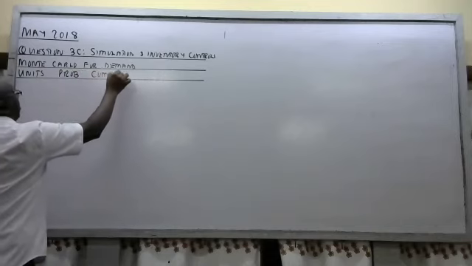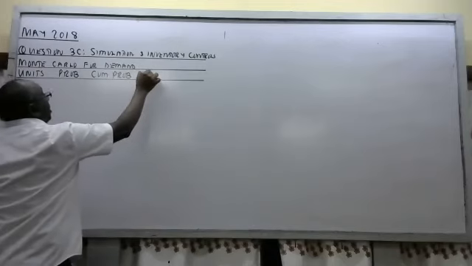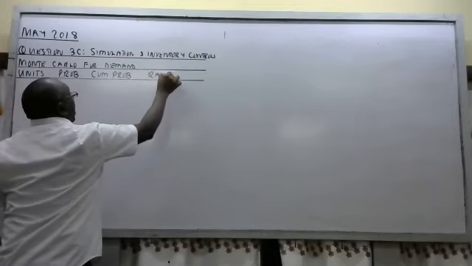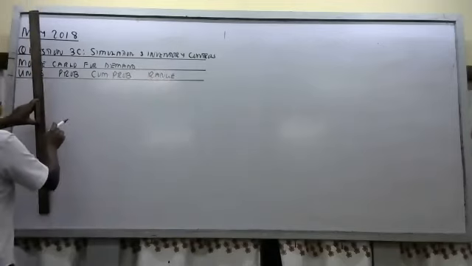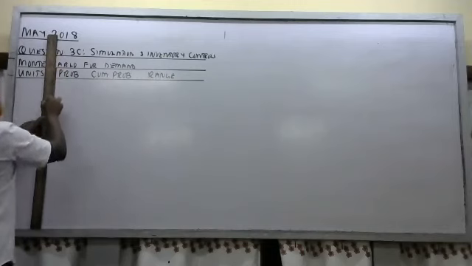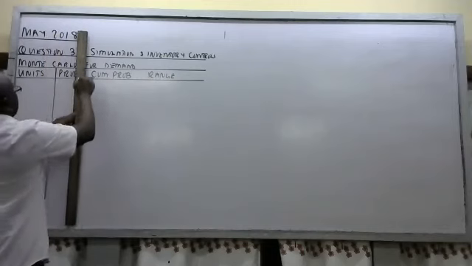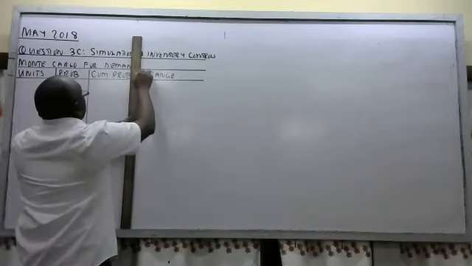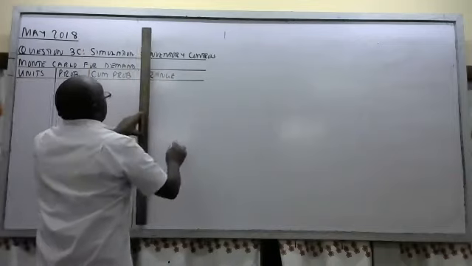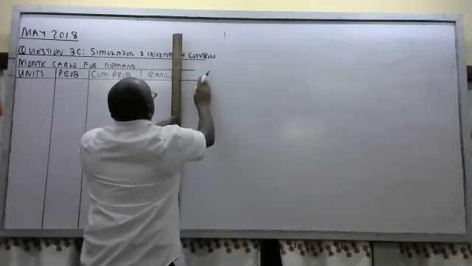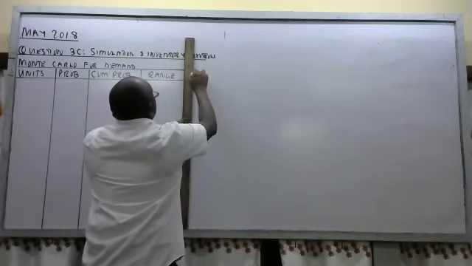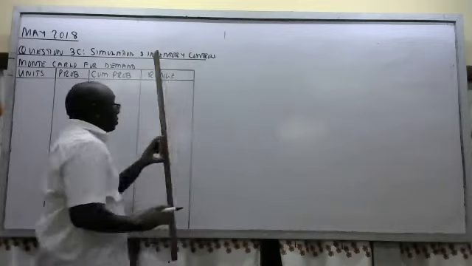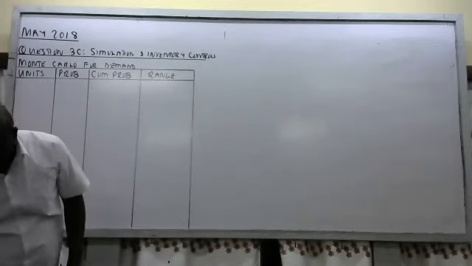We have cumulative probability. And then we have the range.